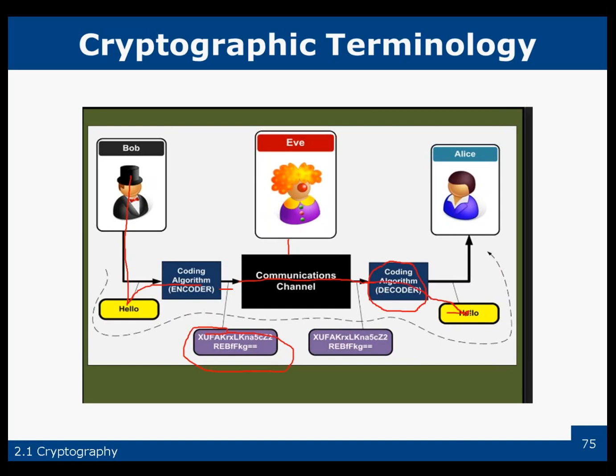Now, to do that, we're going to have an agreement on the coding algorithm, and what you'll typically see is a negotiation process so that the systems decide upon the algorithm that is the strongest that is common to both of them. And they'll keep going until they get down to the bottom of the barrel on this.